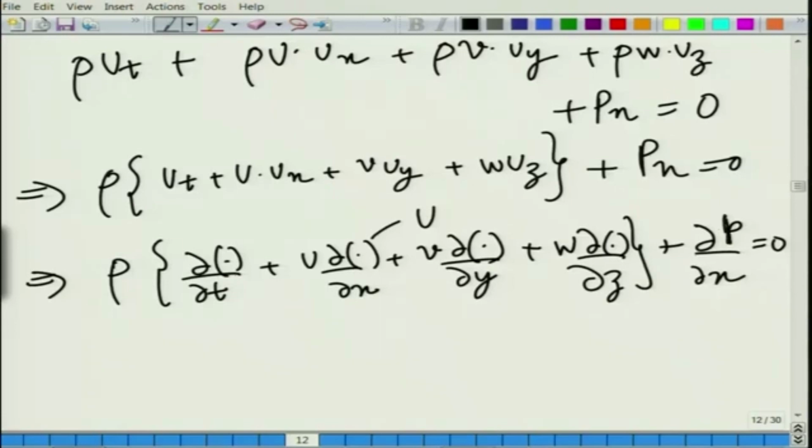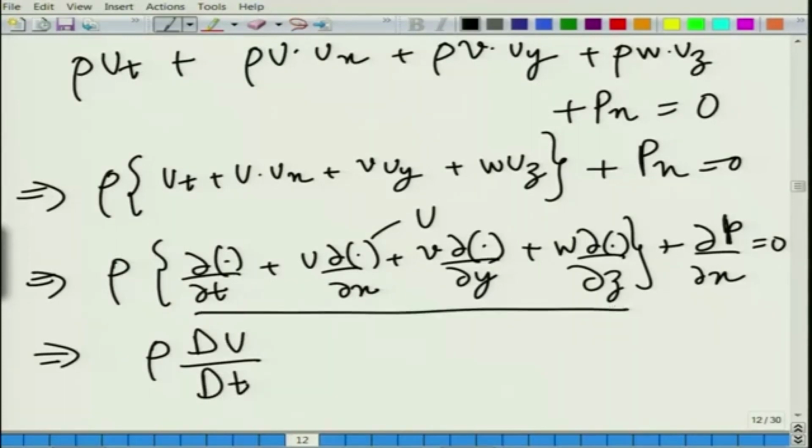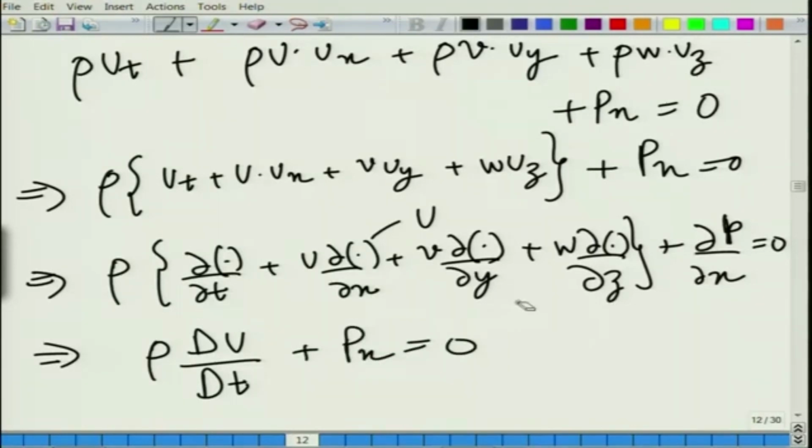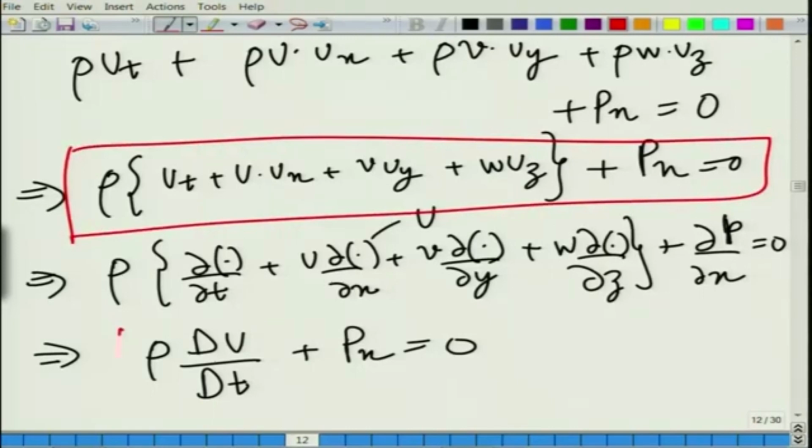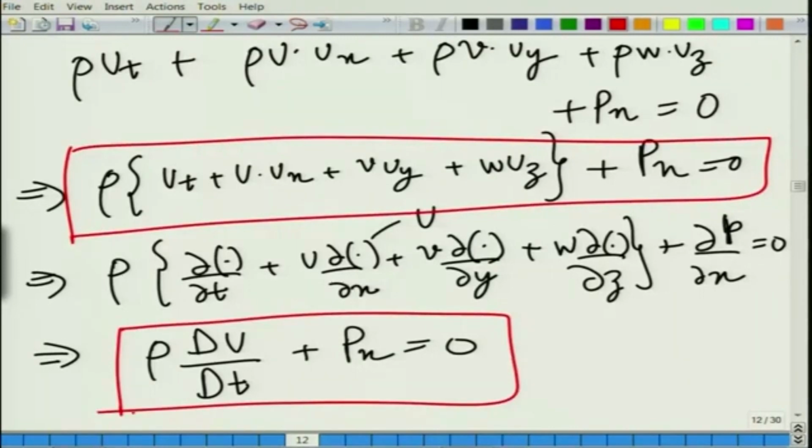Okay. So, the compact way of writing the above equation is also basically rho times d dt of u, where d dt is this entire operator, plus p x equals 0. So, either of that is your momentum equation along the x direction.